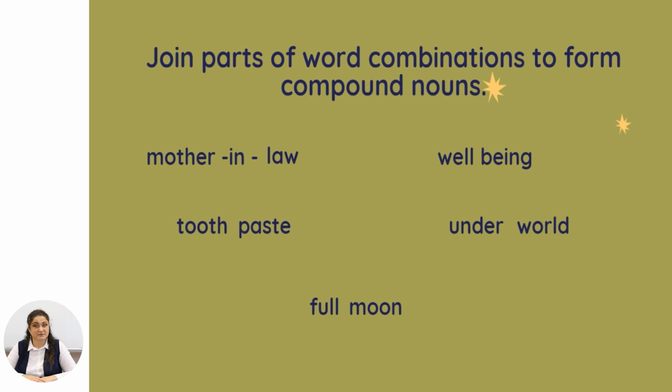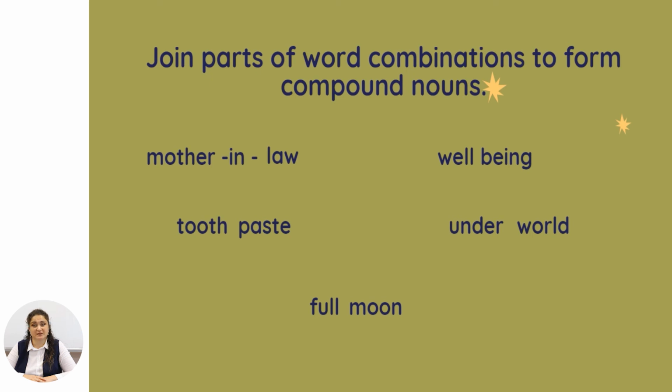Mother-in-law. So we applied the way that was number 8, noun plus preposition plus noun. Toothpaste, the first way. It's a noun plus noun. Full moon. This is the way when we combine an adjective with a noun.